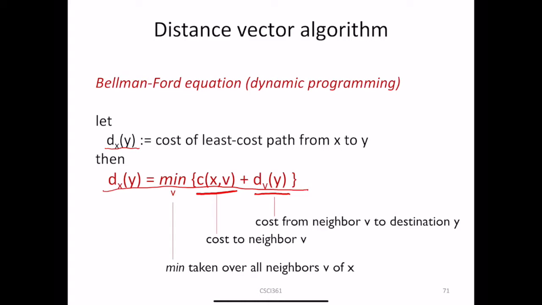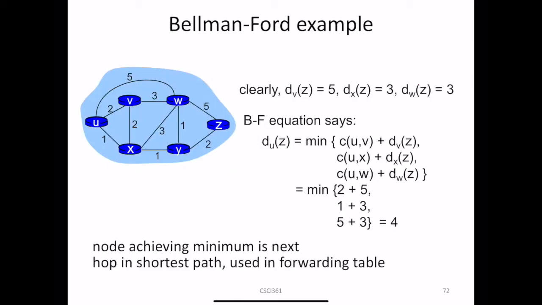For all the neighbors, we check these combinations to see which one returns the minimum value, and then we take that router as our next hop. So that's the basic concept of the distance vector algorithm.